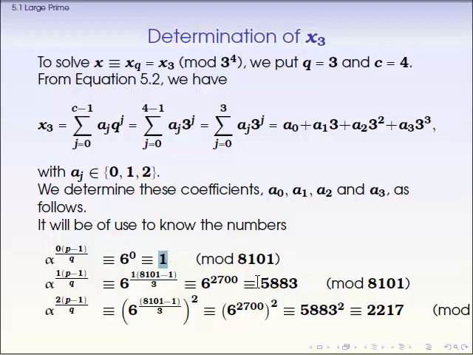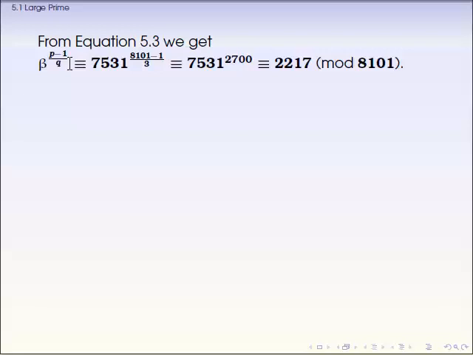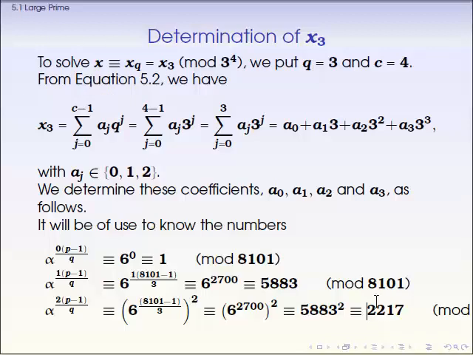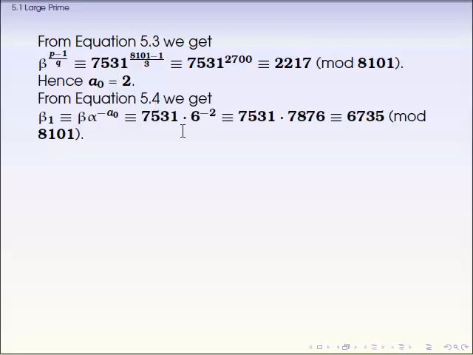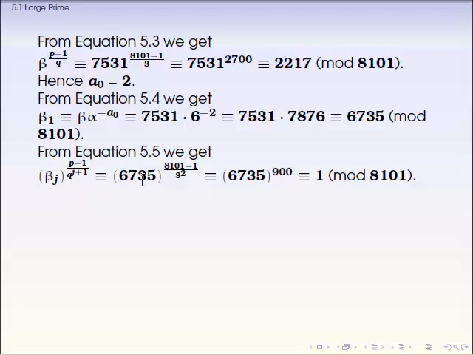The answer should be 1, 5883 or 2217. Now for each beta, we just find this out. The first one is 2217. Therefore, you see that a0 must be 2. For a1, start with beta 1, plug that in for beta j, then it becomes 1, therefore a1 must be 0, right?